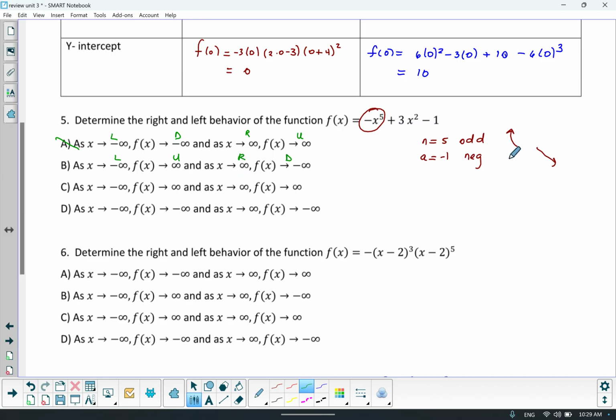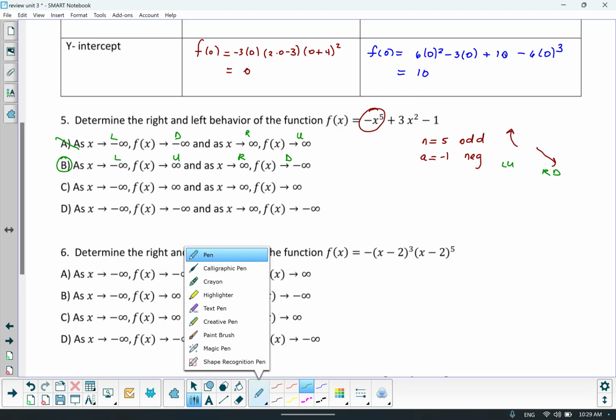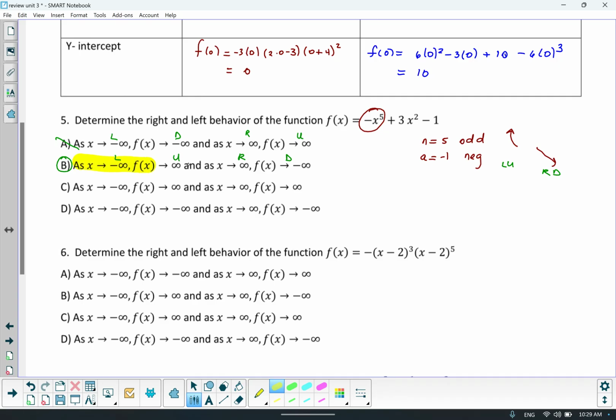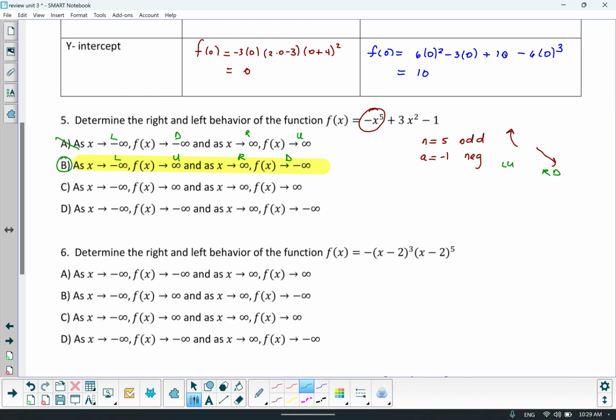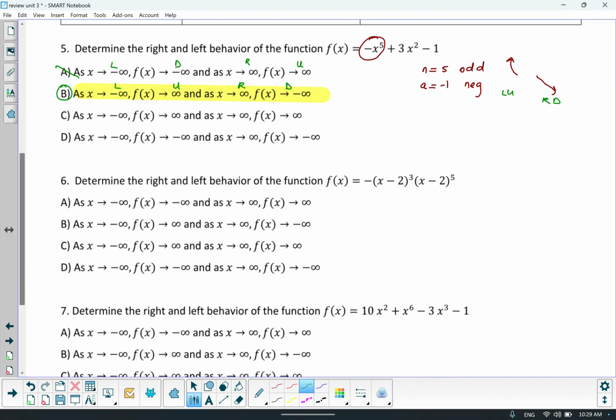And that's what our picture is showing, left up, right down. And so the choice is B. Let me take a highlighter. You really should go through the other choices just to make sure you don't accidentally pick the wrong one, but I want to try to keep the video a little shorter.